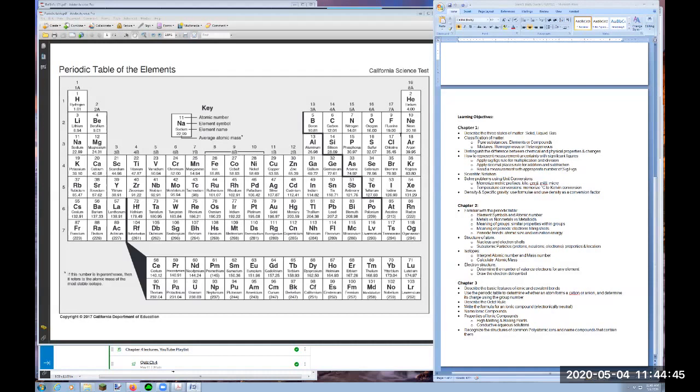All of these in the B groups are transition metals, and they make variable charge ions. And so for them, you will need the Roman numeral. And remember how the Roman numeral tells the charge on the metal, right? It has nothing to do with the subscript of the formula. It tells the charge on the metal in that compound.